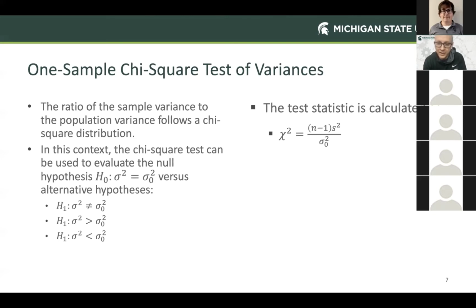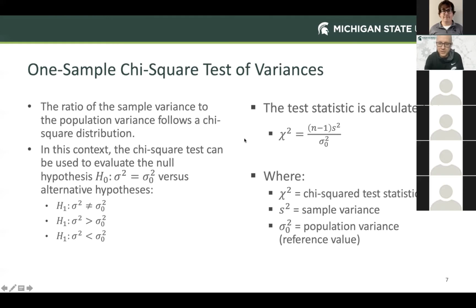And so again, if there's not a difference between those, then this simply converges to the corresponding degrees of freedom for the sample, which in this case would just be n-1, okay? So again, the chi-squared test statistic is just the ratio of the sample variance over the population variance times the corresponding degrees of freedom for the test, okay?